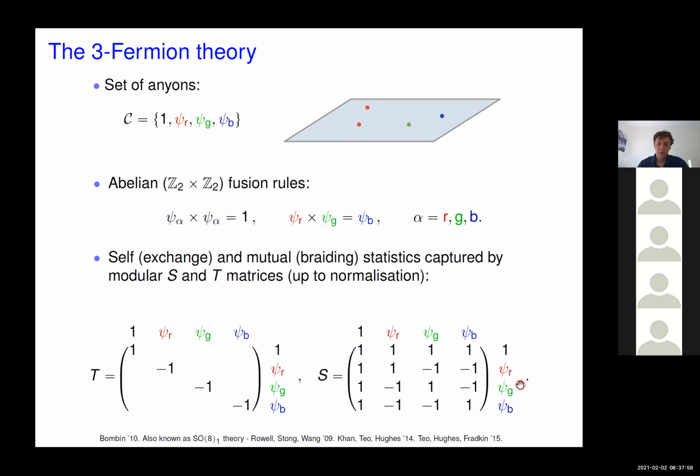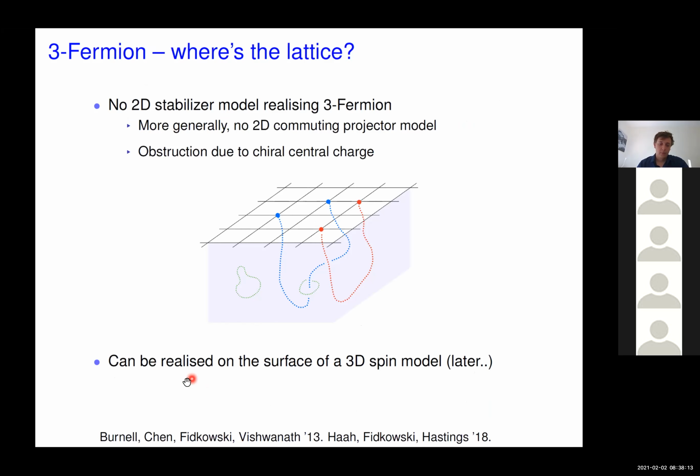And anyone familiar with the toric code may notice that the only difference between the toric code and the 3 fermion theory lies in these 2 signs in the middle of the T matrix here. So the fusion rules are the same, the S matrix is the same, and the T matrices are almost the same. Now, you might think that modifying the toric code in such an innocuous way wouldn't have much of a consequence, but it turns out that this makes the 3 fermion theory quite non-trivial.